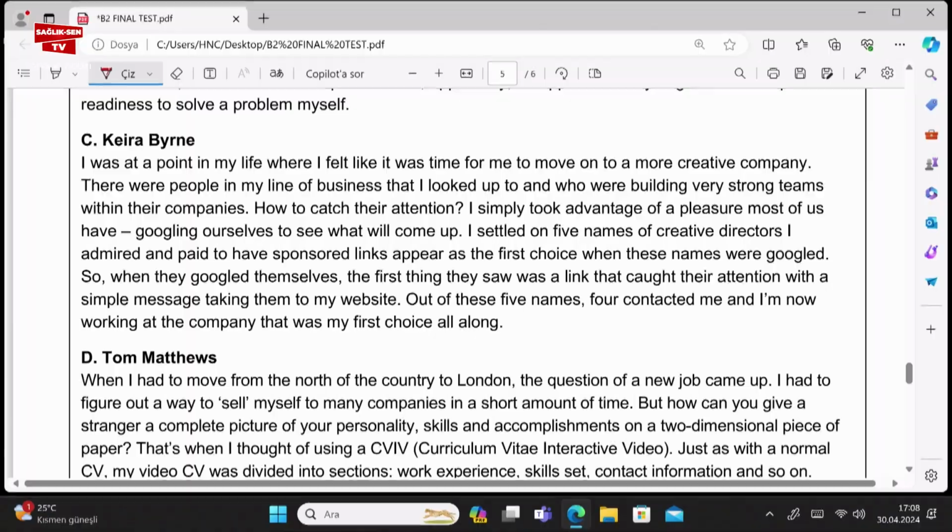I settled on 5 names of creative directors I admired and paid to have sponsored links appear as the first choice when these names were Googled. So, when they Googled themselves, the first thing they saw was a link that caught their attention with a simple message taking them to my website. Out of these 5 names, 4 contacted me, and I'm now working at the company that was my first choice all along.